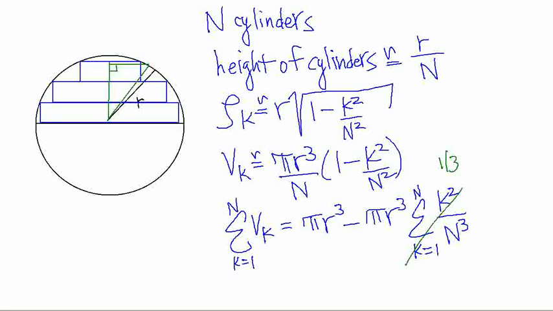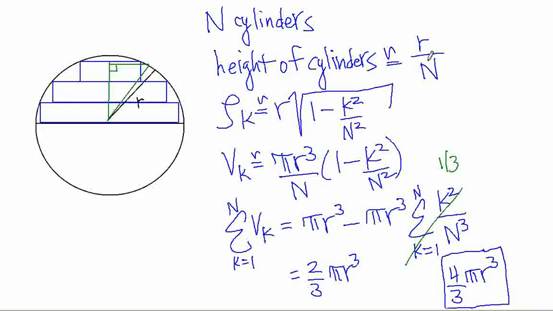I'll leave it to you to see why that is the case. So we've got pi r cubed minus 1/3 of pi r cubed. 1 minus 1/3 is 2/3, so that's 2/3 pi r cubed. And that's for half of the sphere, so if we double that, we arrive at the final volume formula, 4/3 pi r cubed.